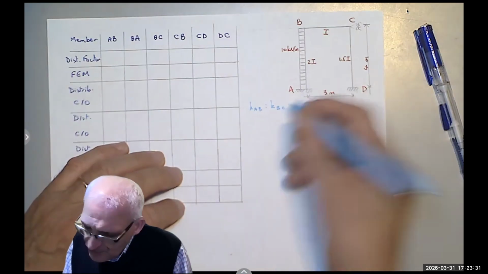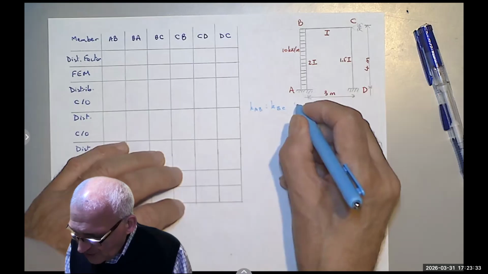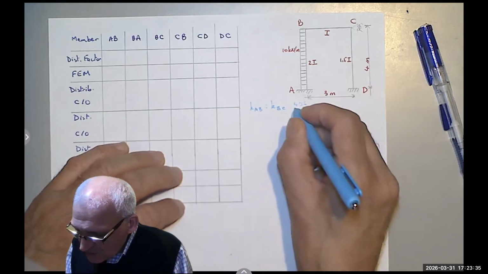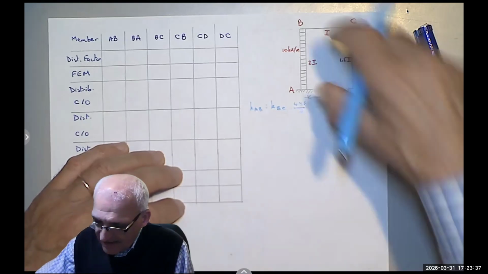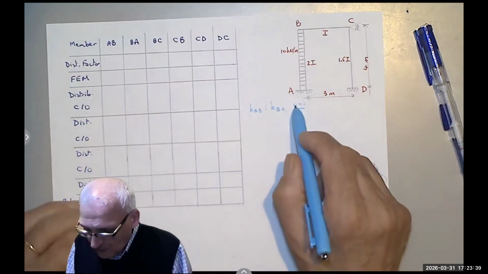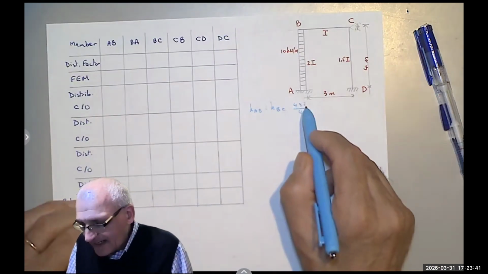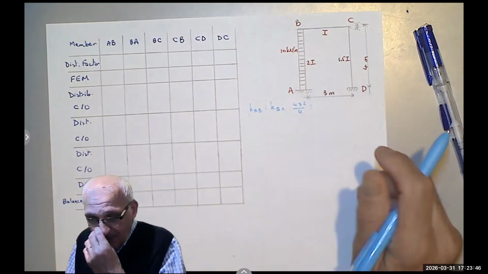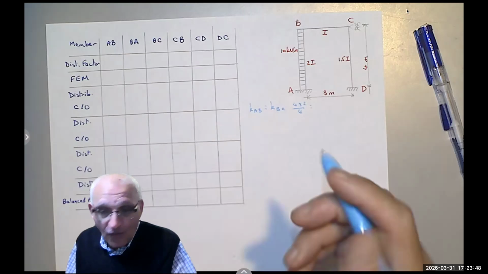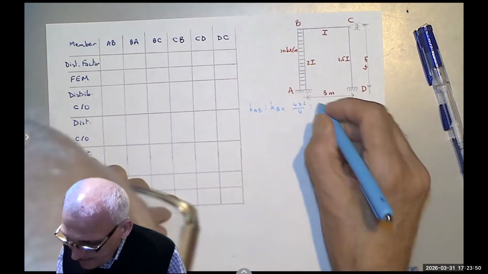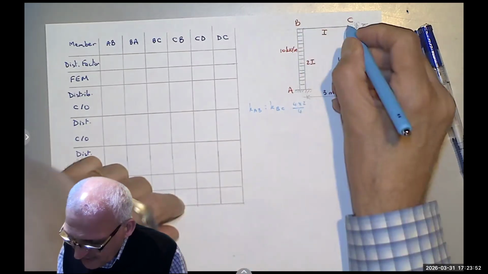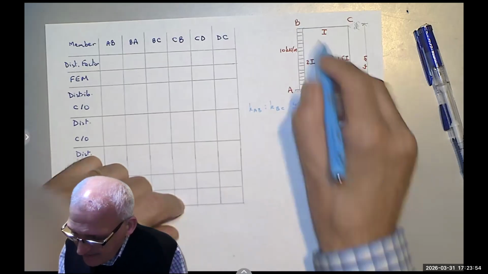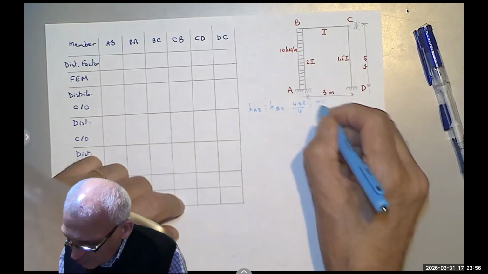So we can say 4 times 2EI over 4, because the length is 4. And the other one would be just 4, because remember, these are fixed, but it's only I, so times 1 over 4.